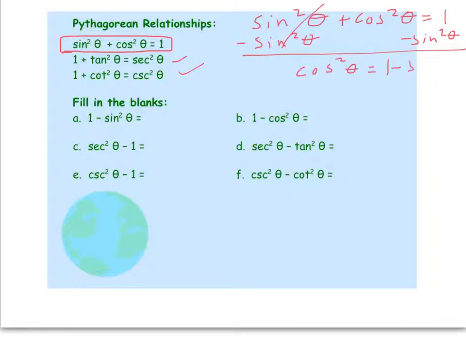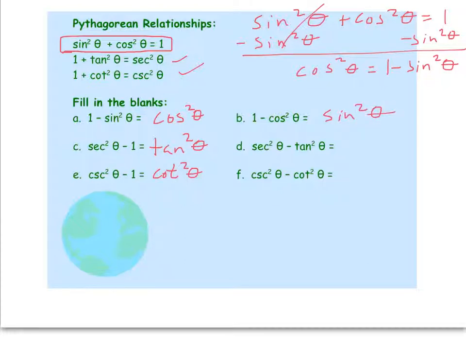Obviously, it looks a little bit different when I do that, but it's the same equation. So here, 1 minus sine squared, I can see, well, that's cosine squared. And in a very similar fashion, secant squared minus 1, that's tangent squared. Cosecant squared minus 1, oh, that's cotangent squared. 1 minus cosine squared is sine squared.